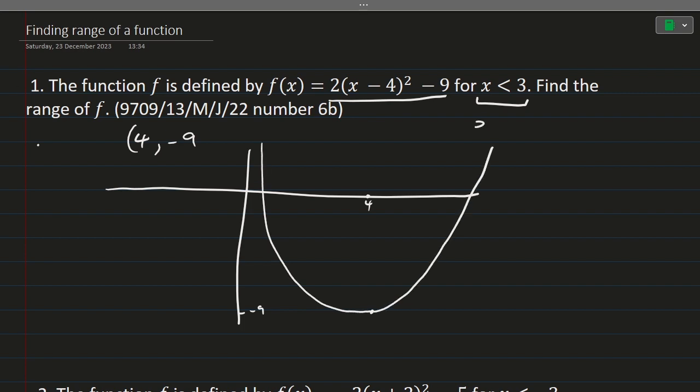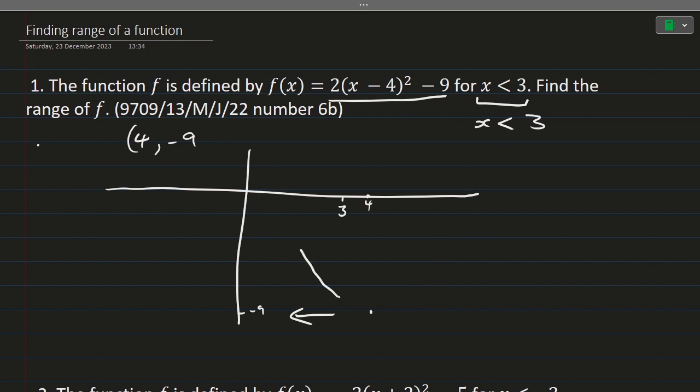But remember, our domain is x is less than 3. So 3 would be somewhere here. That means we want our curve starting here, going to the left. If I sketch that again, it would look something like this, and that would be our curve.